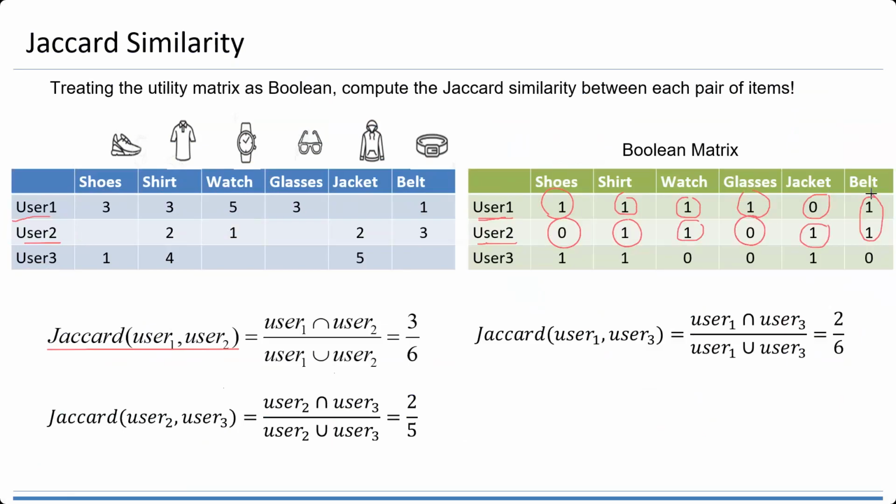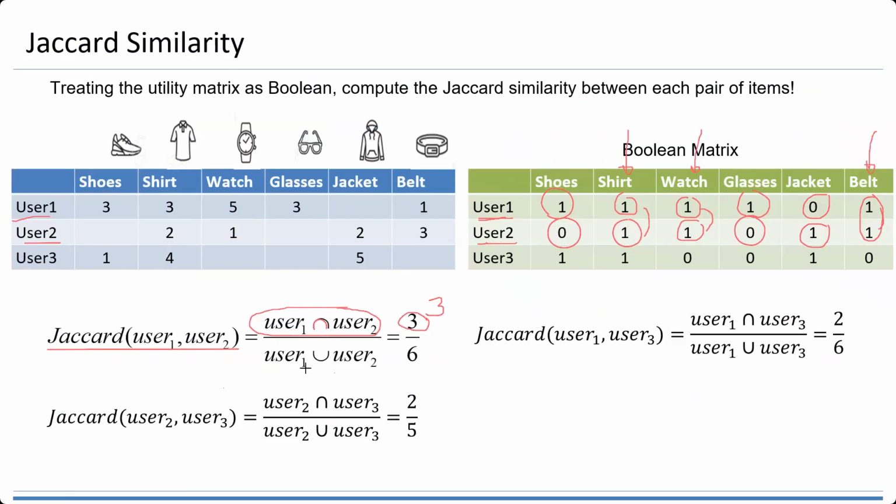So the formula would be, we want to check the intersection. Intersection means how many items they have in common. In this case, we have shirt here and watch and belt. These items, both of them have. Then we call this three items they have.